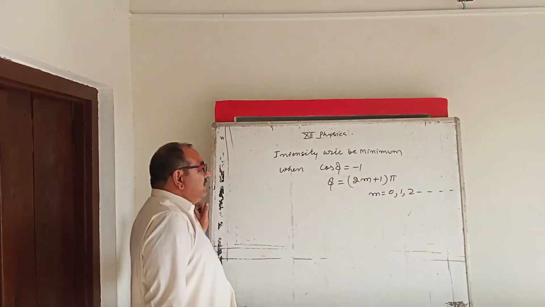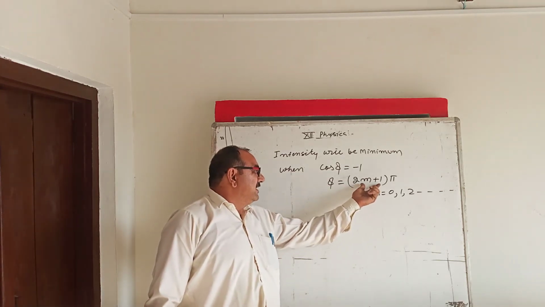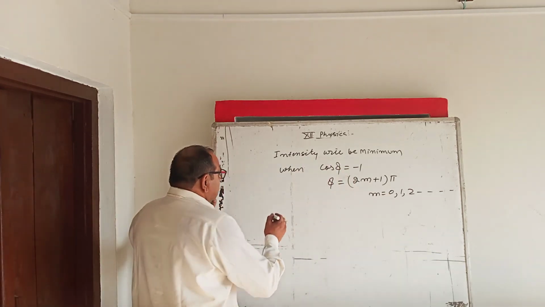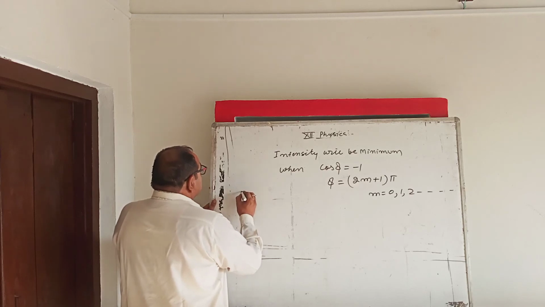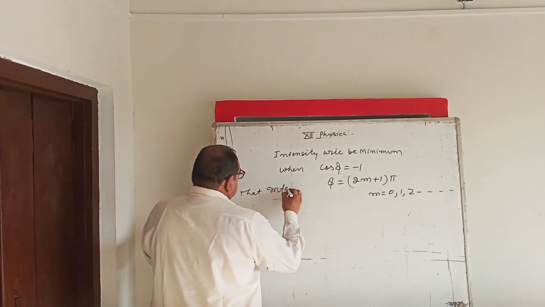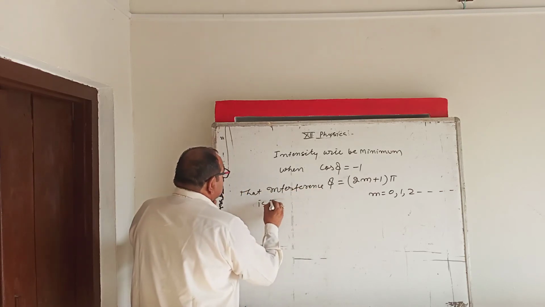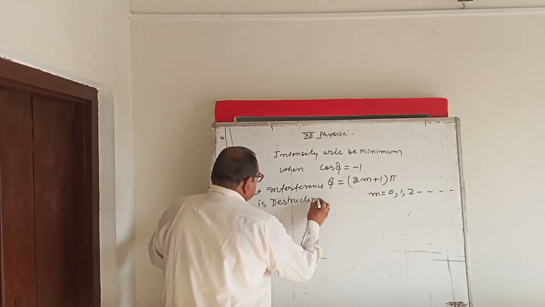At the points where the phase difference is 2m plus 1 pi, the intensity will be minimum, and we say that interference is destructive.